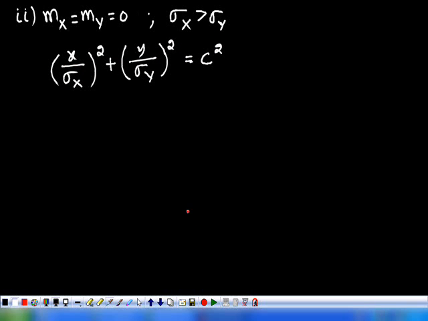So this is an equation of an ellipse. This is x, y. So these are called the contours of the jointly Gaussian random variable, or contours of the joint density function.